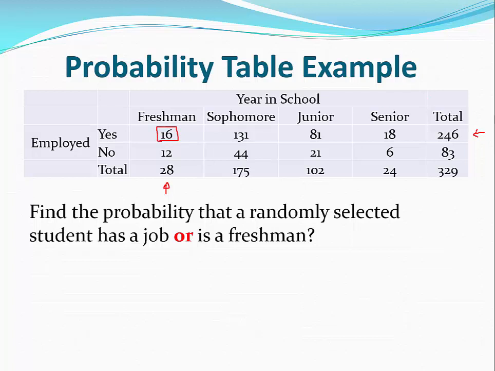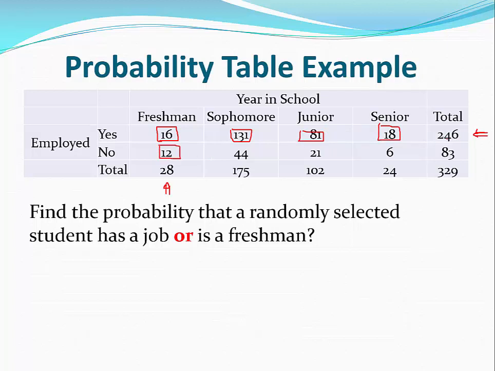Really what I want you to do is include all the observations in this row and this column, but you won't just add the 246 and the 28. You want to include these guys here. You want to include these here. If I could draw a box around it to make it even better, I want to include those there. That's the 246, but I want to add 12 to it.